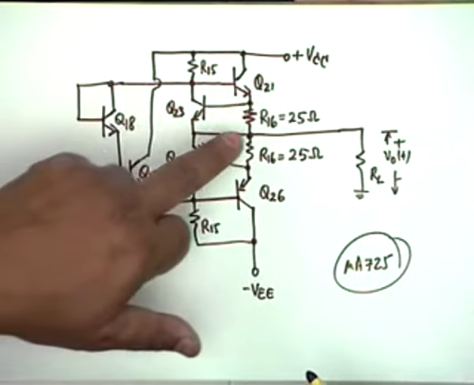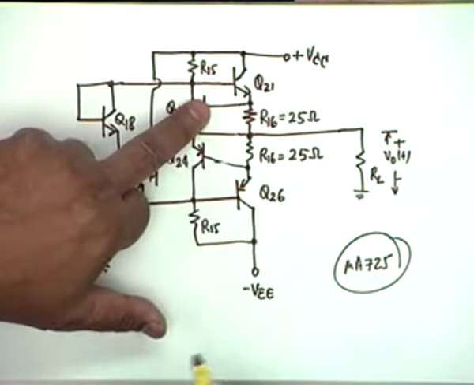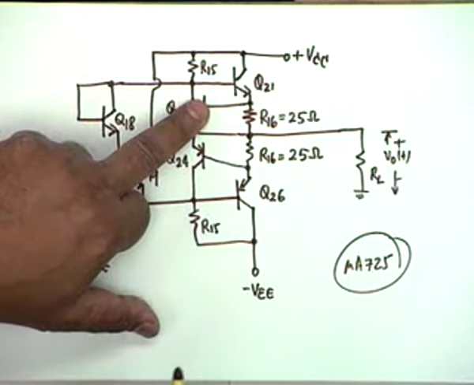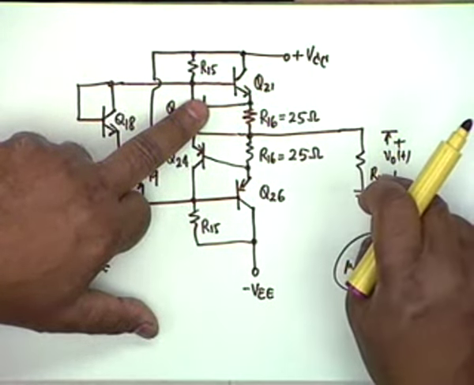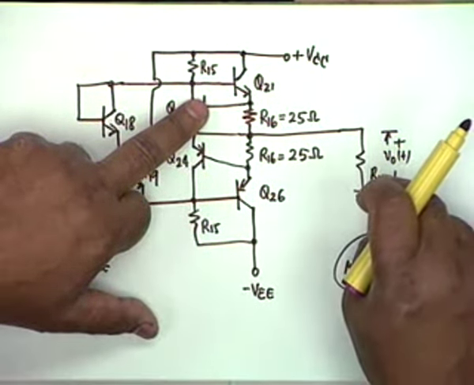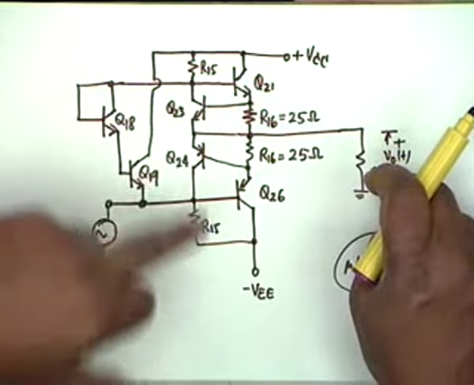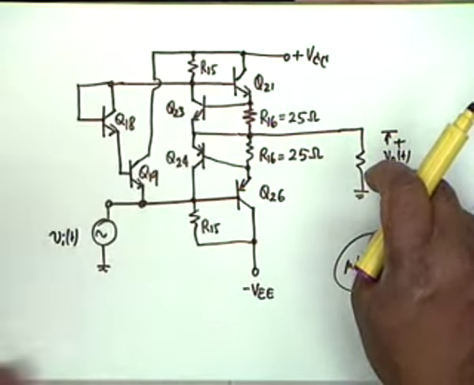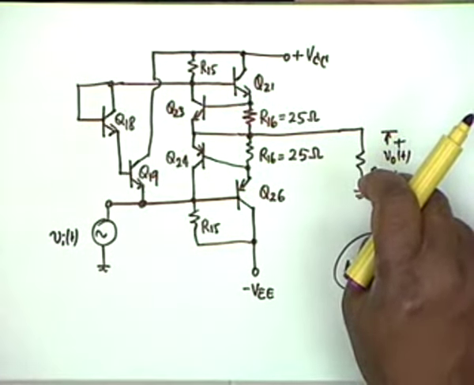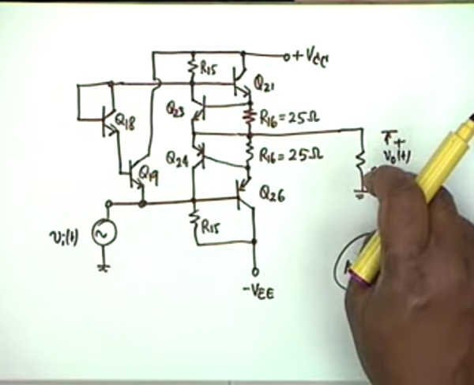Suppose R16 and Q23 are not there. Then if RL is accidentally short circuited, if RL is very low, what is the drop across Q21 collector to emitter? It is VCC plus 15, whatever voltage it is.